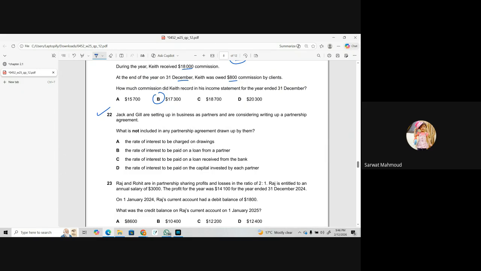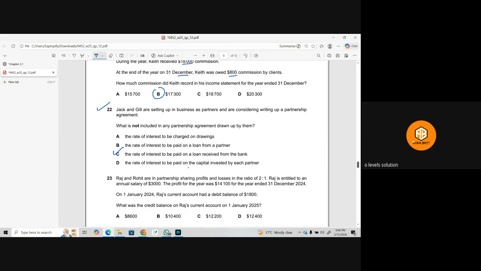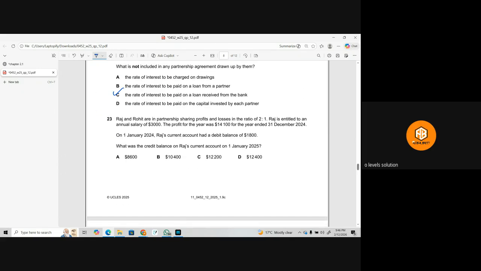The rate of interest to be paid on a loan received from the bank. The rate of interest to be paid on the capital invested by each. Answer is C, the rate of interest to be paid on a loan received from the bank. That's not included.